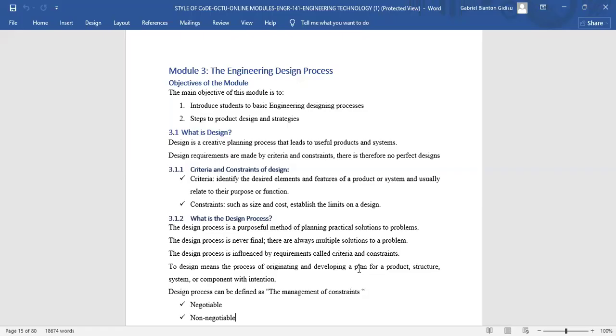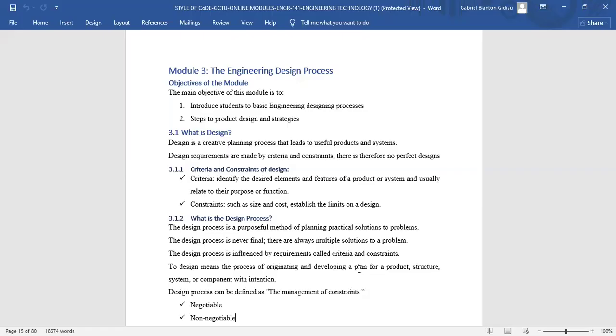Constraints, so we talk about the size, the cost, establish the limits of the design. When you start using simulation software, you will understand this one.